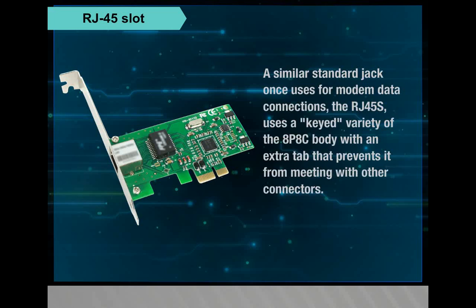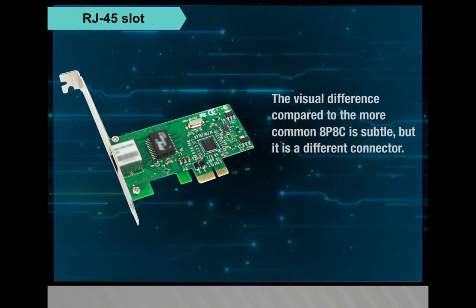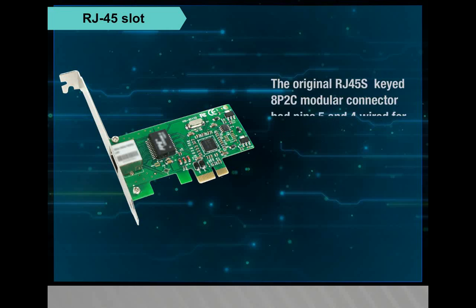A similar standard jack, once used for modem data connections, the RJ45S uses a keyed variety of the 8P8C body with an extra tab that prevents it from mating with other connectors. The visual difference compared to the more common 8P8C is subtle, but it is a different connector.